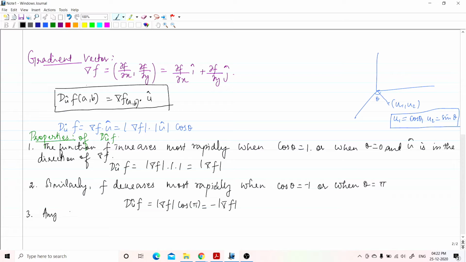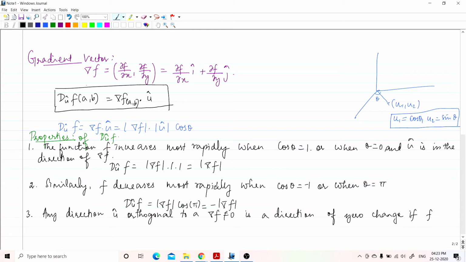Okay, next is any orthogonal direction, that is the perpendicular condition that we are going to see as the next property. Any direction u cap orthogonal to gradient f is a direction of zero change. Orthogonal is the generalized term for perpendicularity. So when we need to find the zero change situation, how to find this one?